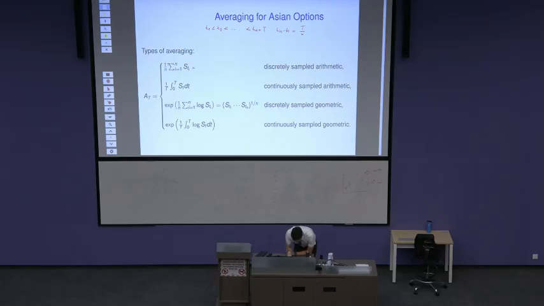Here I could also smuggle in T over T. So you see here I have then T over n times 1 over T. So this means I can also write this as 1 over T times the same sum as before, S_ti, times T over n. T over n is just ti plus 1 minus ti.